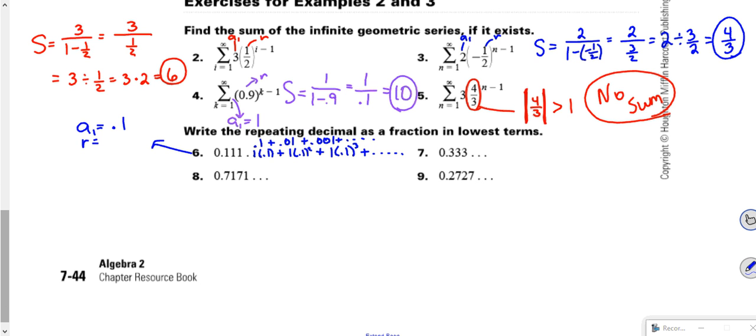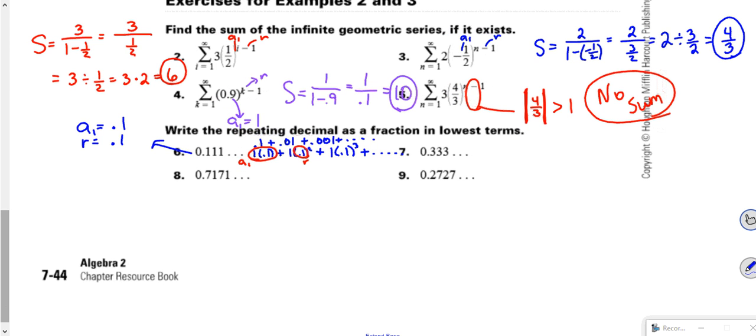My R is also going to be 0.1. If I plug that in my formula, I get 0.1 over 1 minus 0.1, which is 0.1 over 0.9, which is the fraction 1/9. That's how this one works.